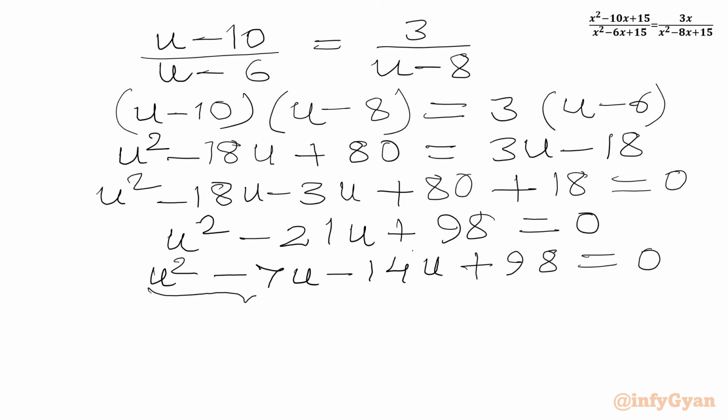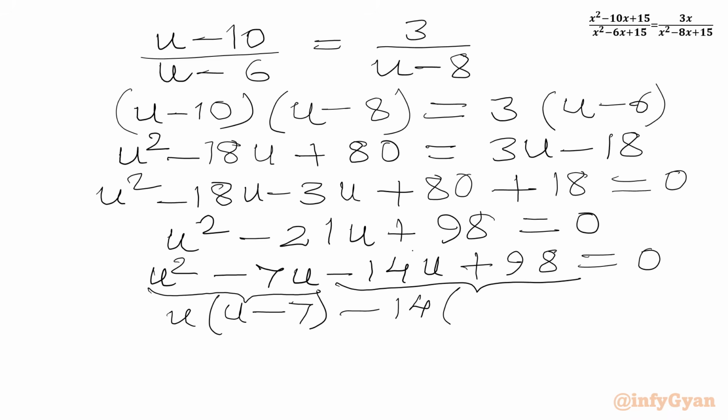Now from these two terms we can take u common and we will get u minus 7. From these two terms we will take minus 14 common. We will get u minus 7 equal to 0. Now u minus 7 is overall common.